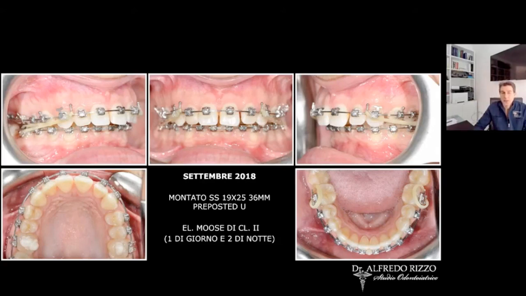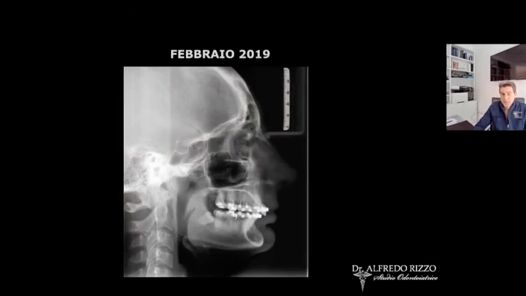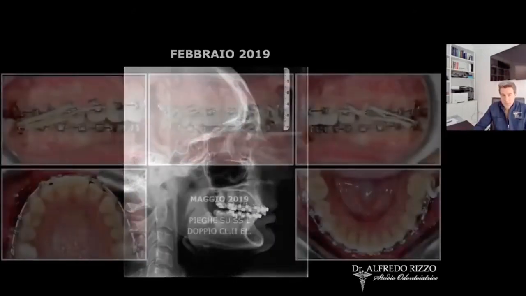Our dental arches are well aligned and uprighted. I use class 2 mousse elastics during the day, and we add a second elastic on each of the mousse during the night. So during the nights it's the double mousse class 2 elastics.